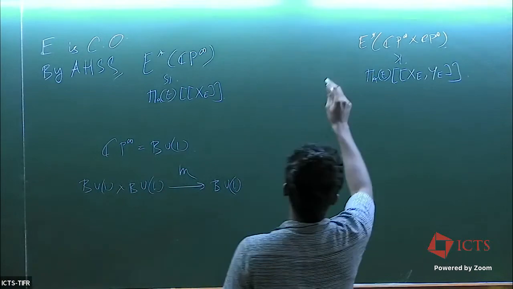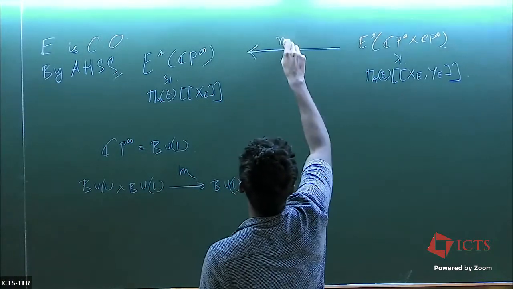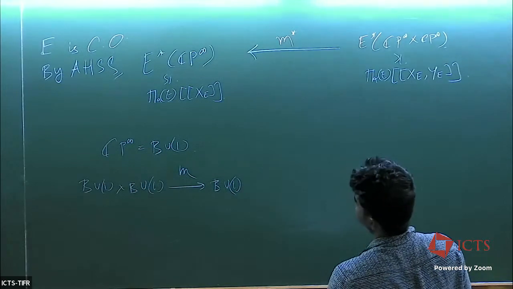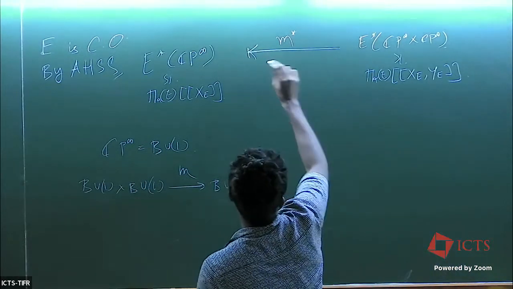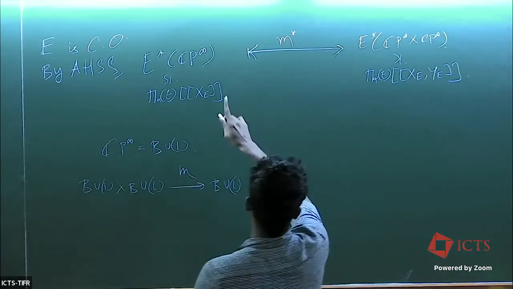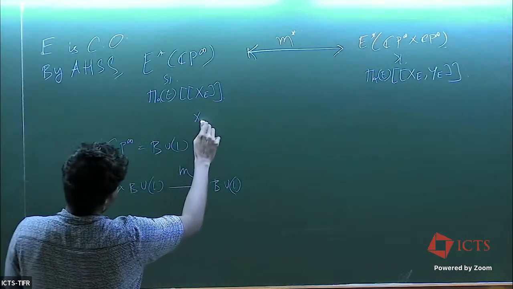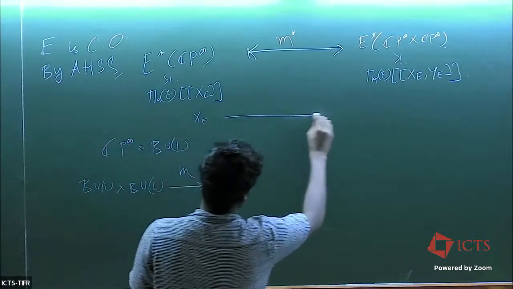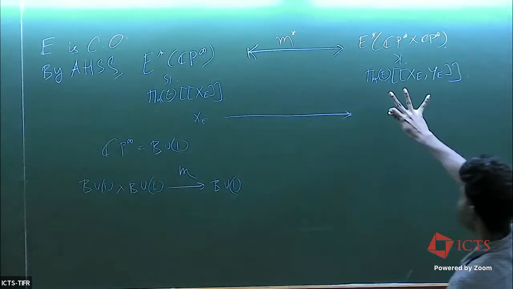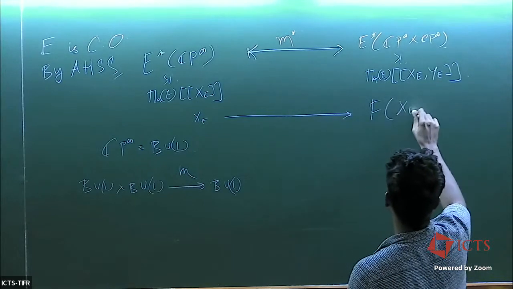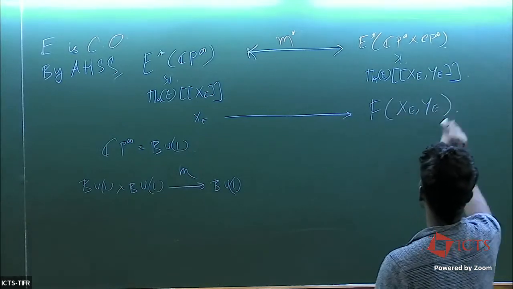This goes in the reverse direction, M upper star. Now let us look at this XE. This XE will go to a power series in here, so let us write that as f of XE and YE.